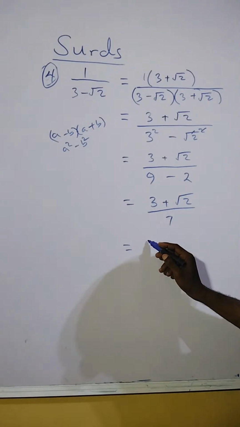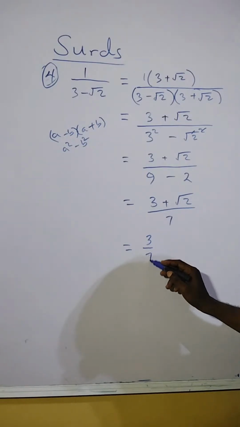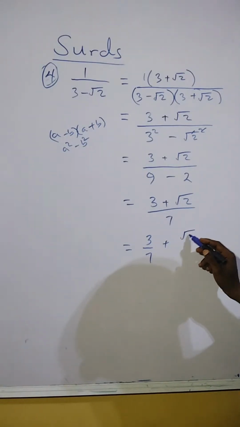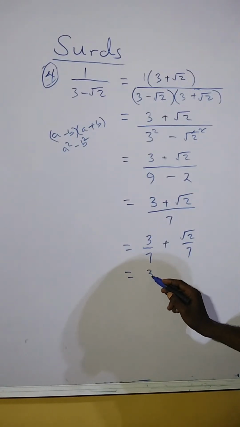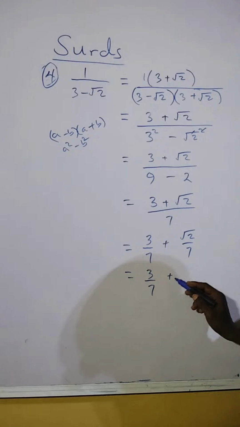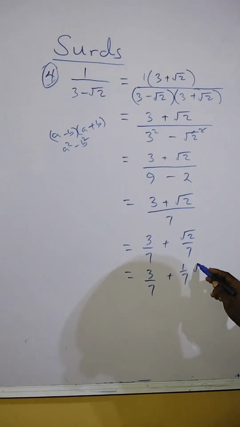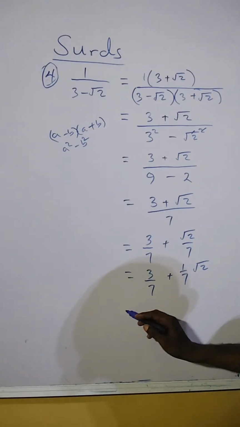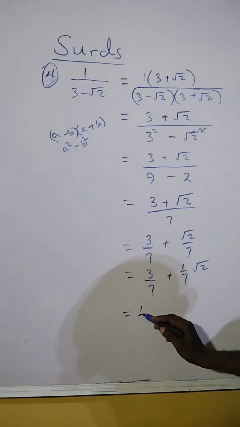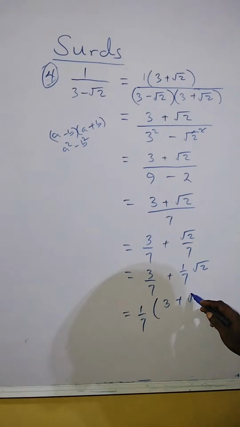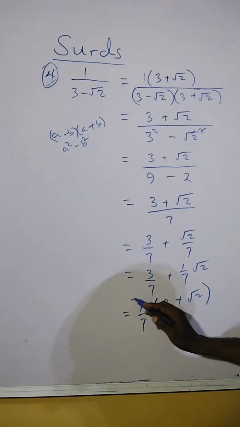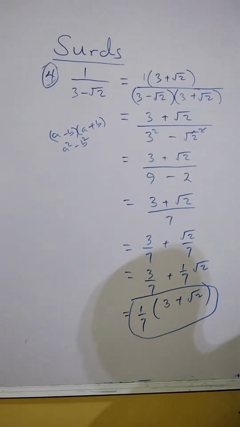When we separate this, we can write it as 3 over 7 plus root 2 over 7, which implies 3 over 7 plus 1 over 7 root 2. Or we can say this is 1 over 7 into bracket 3 plus root 2. Whichever one, we have this as the simplified form of this given problem.